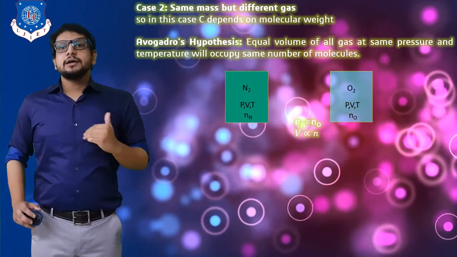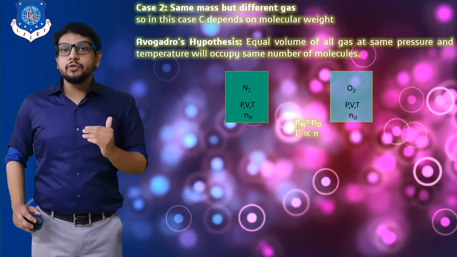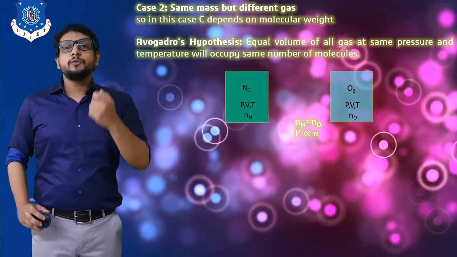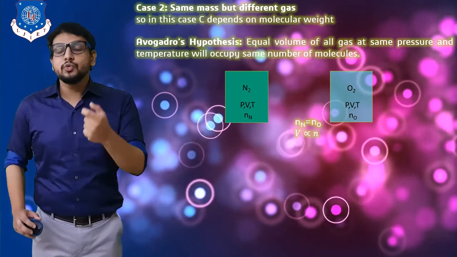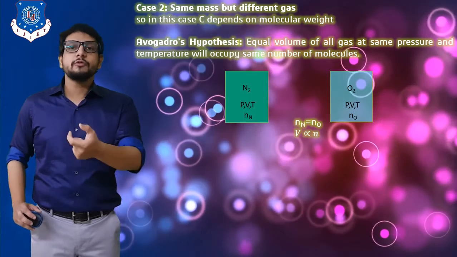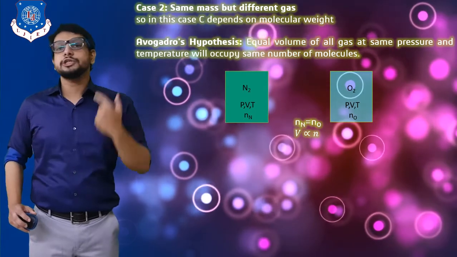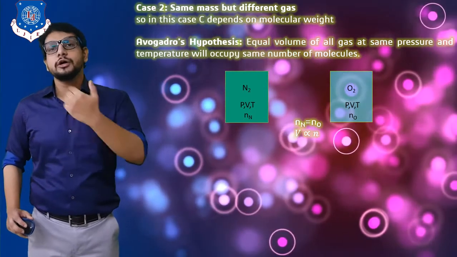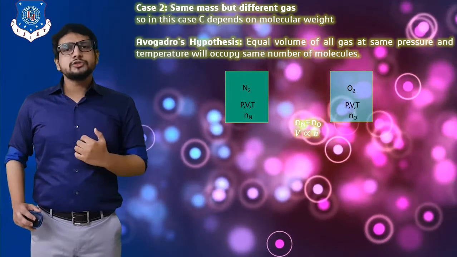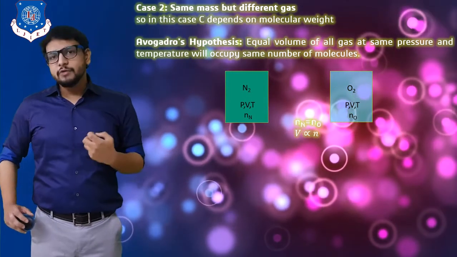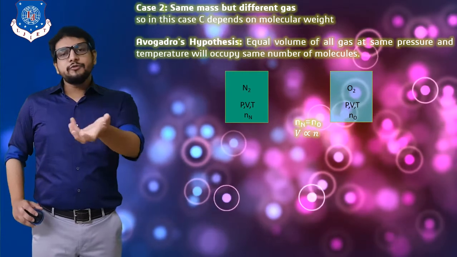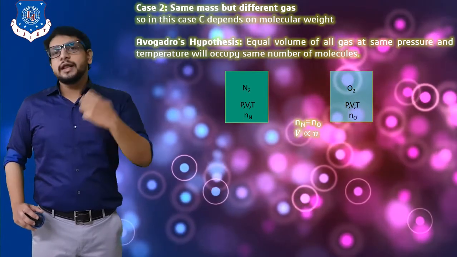And from this hypothesis he also concluded that V is proportional to N, where V is the volume of a gas, directly proportional to the number of molecules of a gas. This can be easily understood by taking the example of a balloon. If we fill air inside a balloon, what are we actually doing?